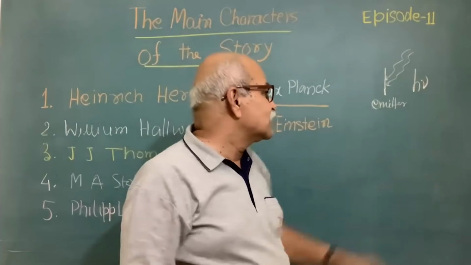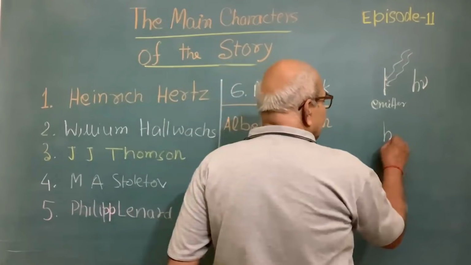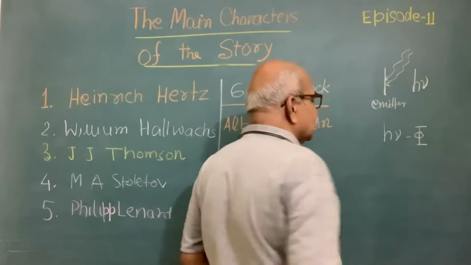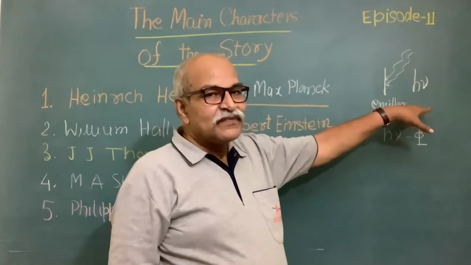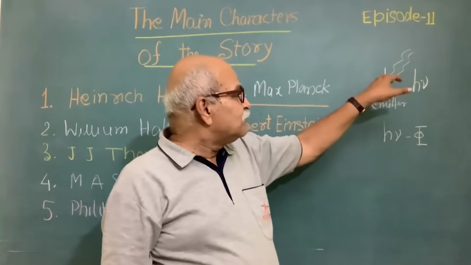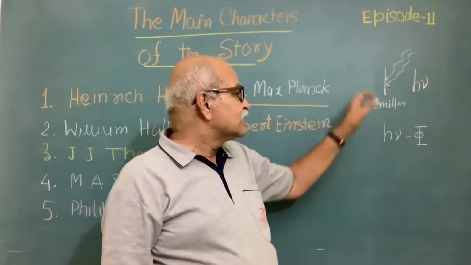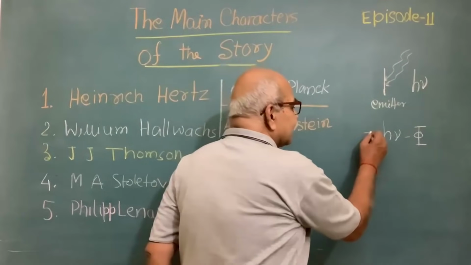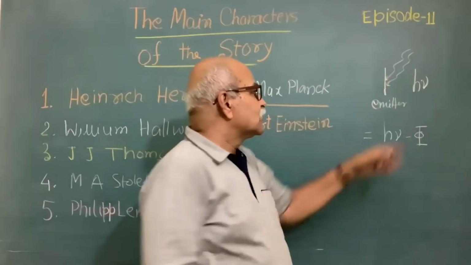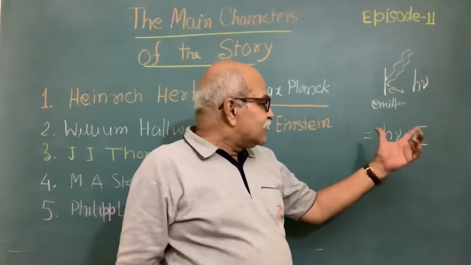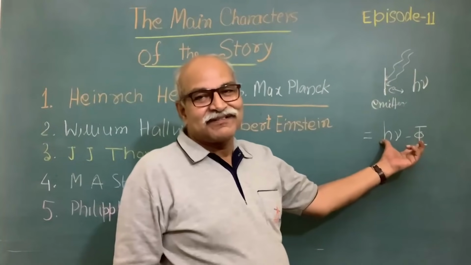So h nu is received, and then this much energy, the work function, is used in coming out, and in between it may also share with the other entities here, and therefore the kinetic energy with which it comes out could be less than this or at best this.